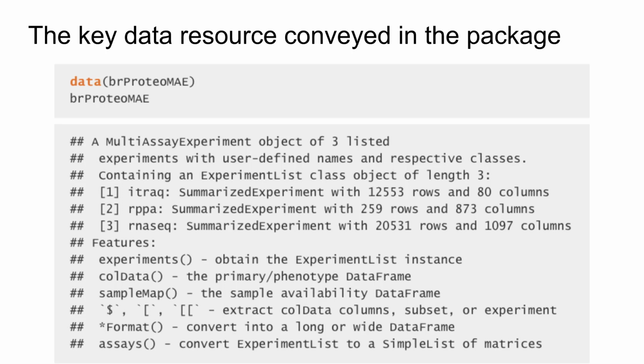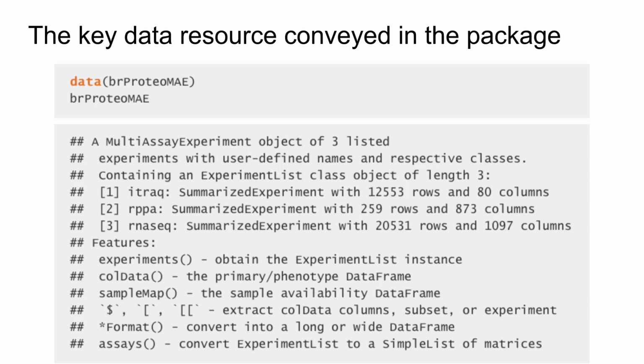More interesting is that we can actually use bracket notation. So if you're an R programmer, you know you can take a matrix, you use a bracket. The first index refers to rows, the second index refers to columns, and you can get sub-matrices using that syntax. You can get sub-MultiAssayExperiments using the same sort of syntax.